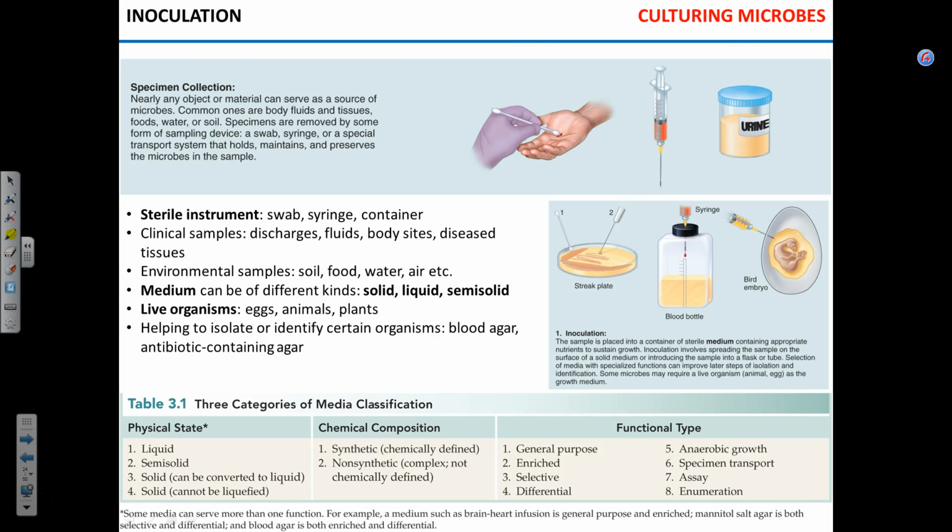What is the common condition for all these 3 methods? Yes, it should be done in a sterile fashion. Not a sterile environment, but the syringe must be sterile, the urine collection cup must be sterile, the cotton swab must be sterile. We got it?